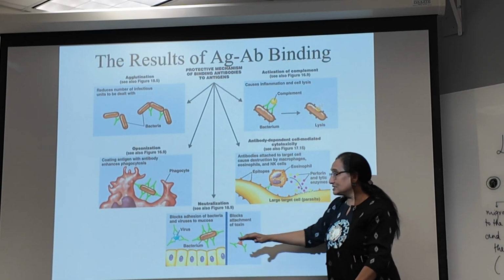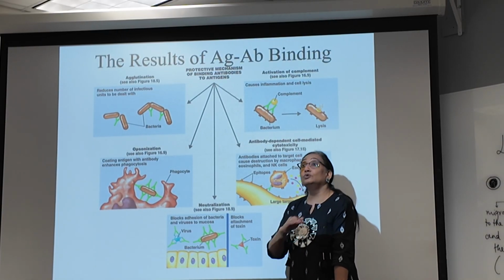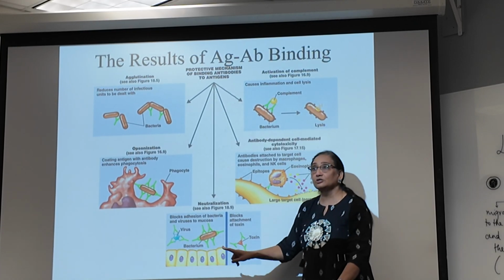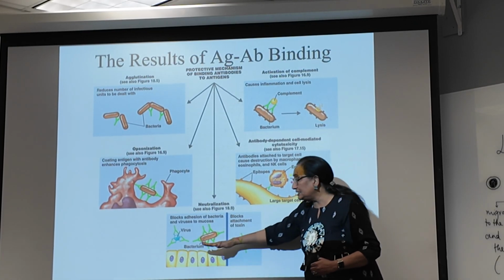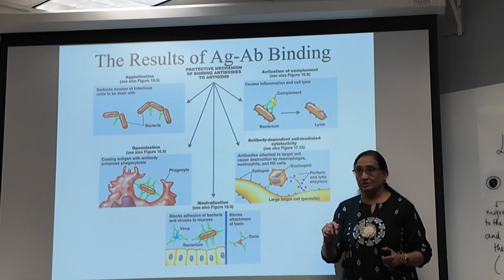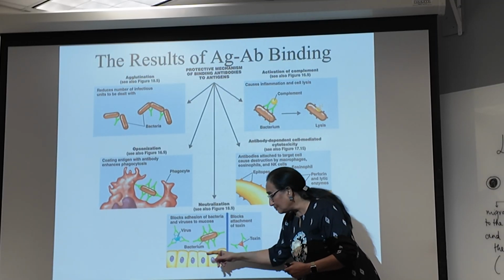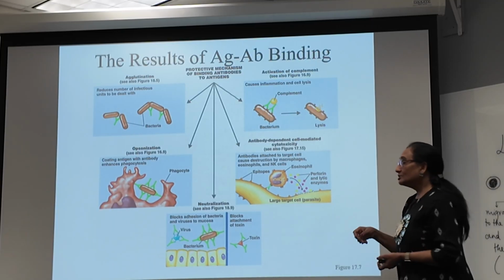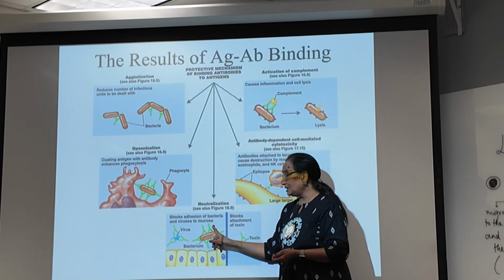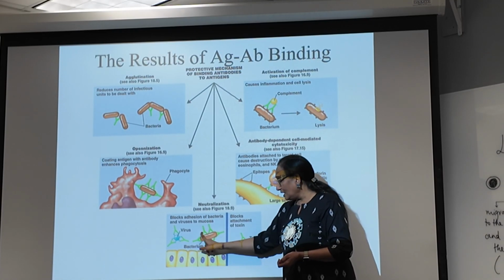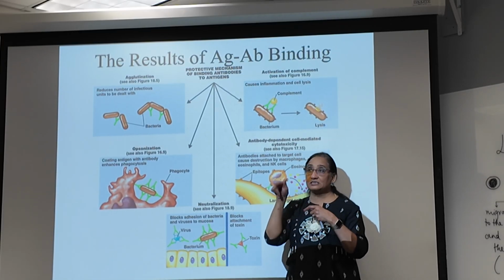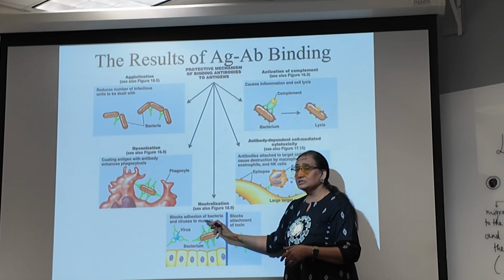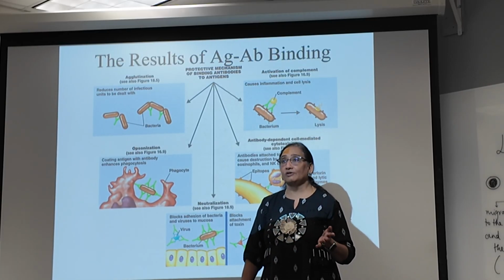And sometimes they can neutralize the pathogen. Neutralize means they can stick to the pathogen before it adheres to the tissue, so the pathogen will not be able to attach itself to the tissue and cause damage. Even before it can cause damage, antibodies can stick to the pathogen and neutralize it. This can be for bacteria and for viruses.